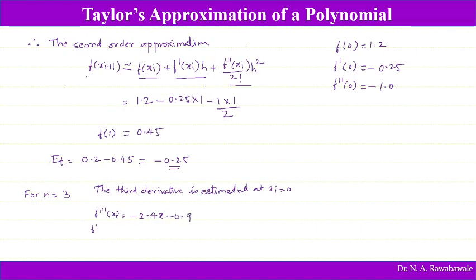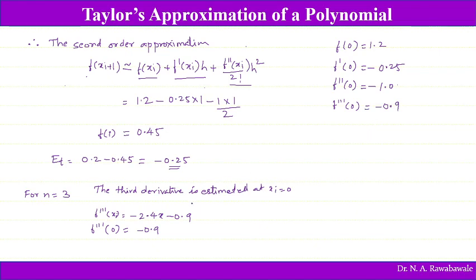Now f triple dash of 0 gives us minus 0.9. So f triple dash of 0 is minus 0.9.